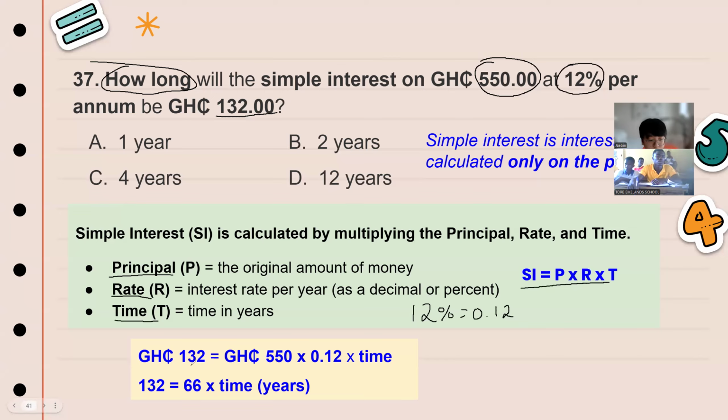Let's see. We had 132 equals 550 times 0.12 times time. So 550 times 0.12, which is 12 over 100, if you calculate this, becomes 66, right?